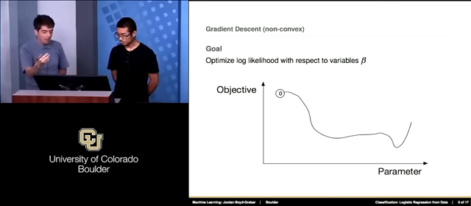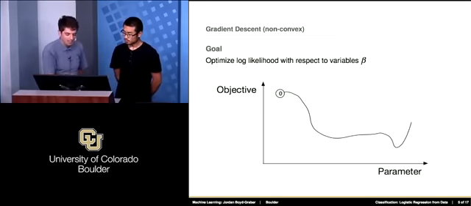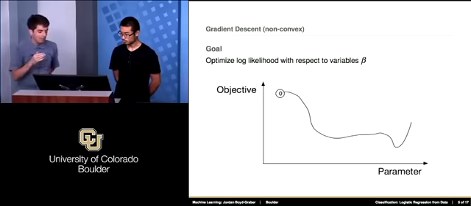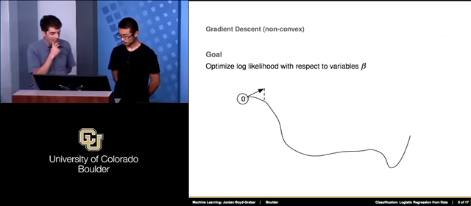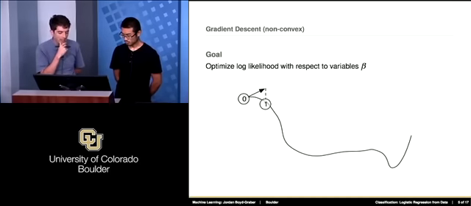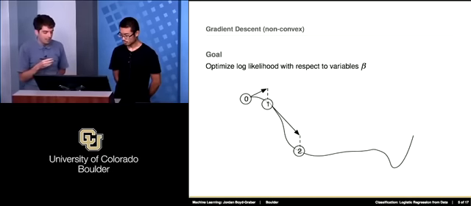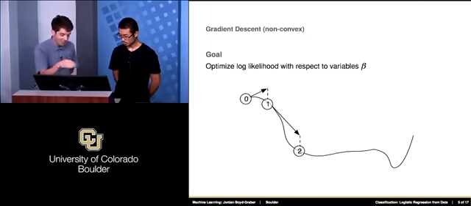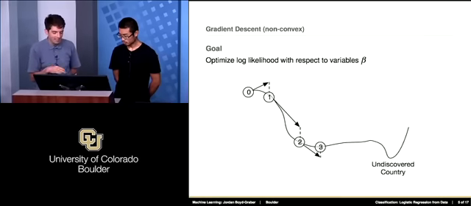Okay, so the basic idea of gradient optimization is that you want to optimize your log likelihood with respect to some variables. So you start off at some point, you walk forward a little bit, based on whatever the gradient was. You take the gradient again, that points you in another direction, you keep going in that direction, you take the gradient again and again.